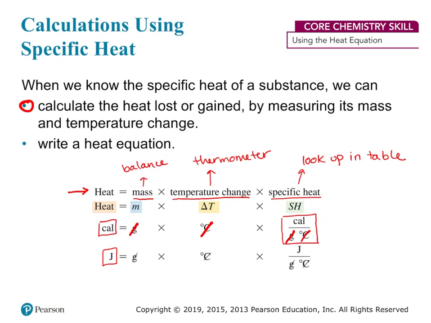Now, you could also look up the specific heat value in terms of joules per gram degree Celsius, and you'll end up with a value of heat in joules, because again, grams will cancel and degrees Celsius will cancel.